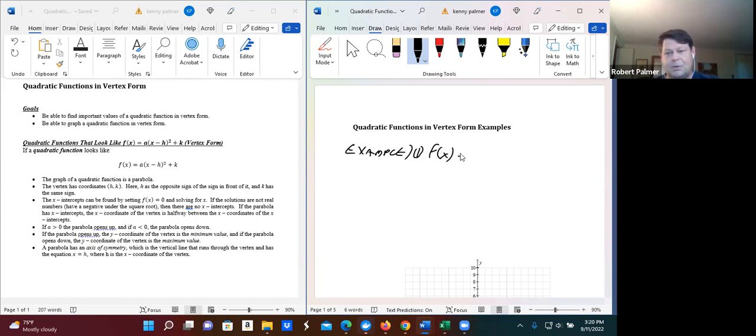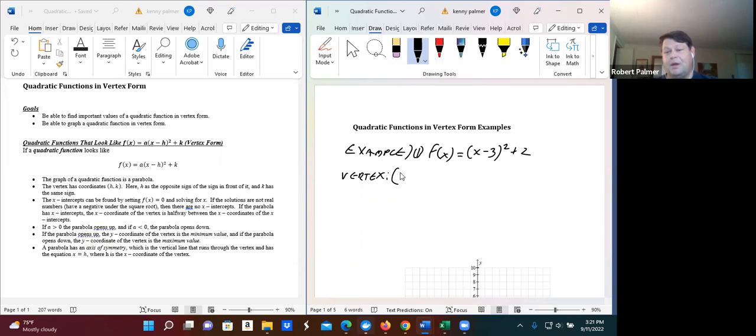f of x is equal to (x minus 3) quantity squared plus 2. From here, let's find out what we can about the function, then we'll graph it below. Our vertex is the first thing we can find. Look here, this gives our x-coordinate, and it has the opposite sign of this.